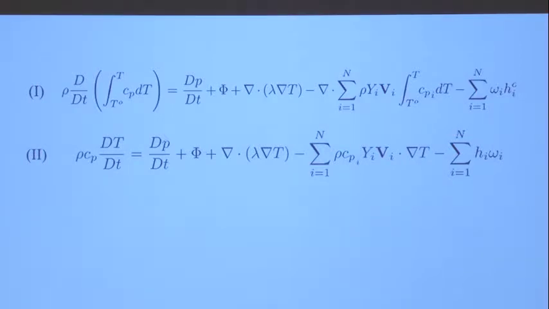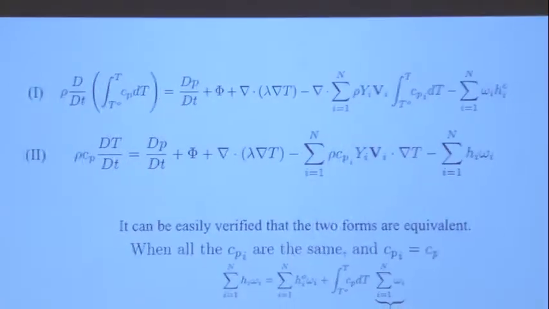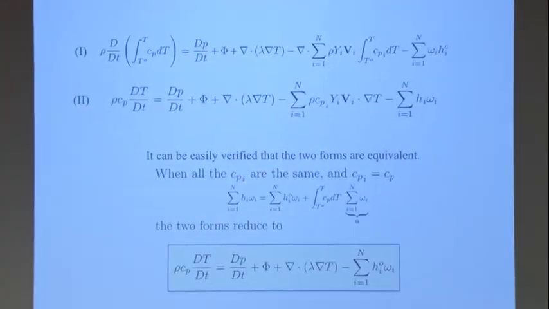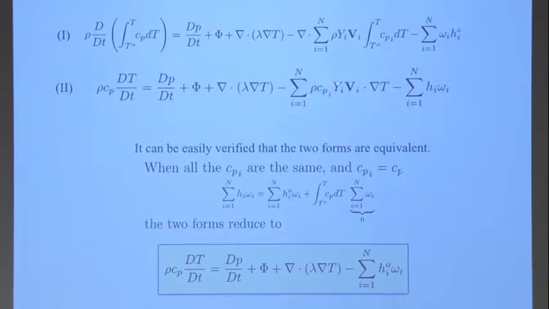That's the only difference. Now, of course, if you assume that all the CPI are the same, the two equations reduce to the same equation, and it doesn't matter. Because if all the CPI are the same, this drops to 0, because the CP is common, then the sum over all I of yi vi is 0.